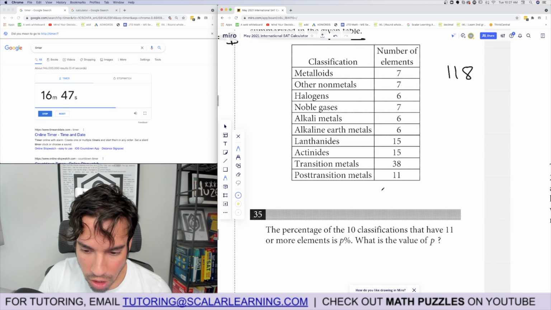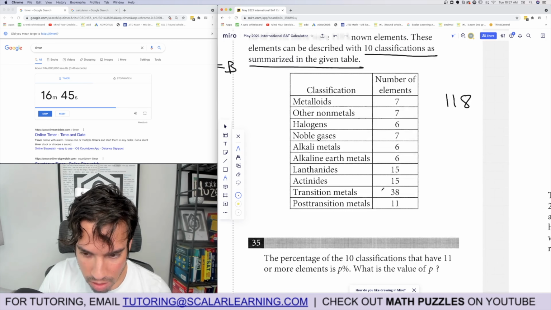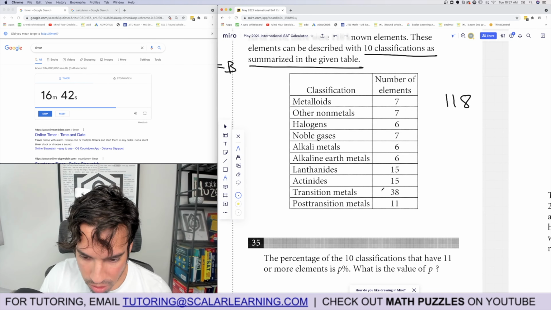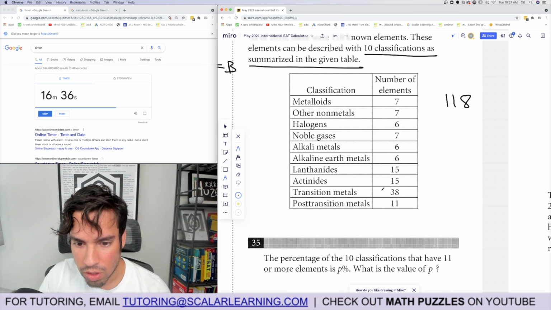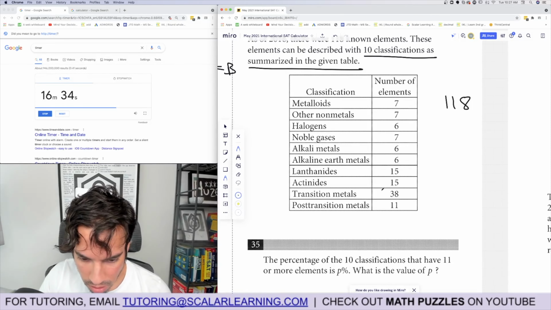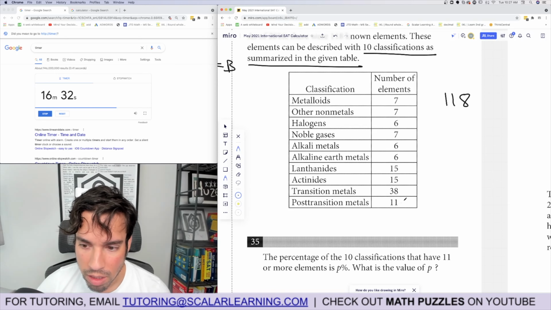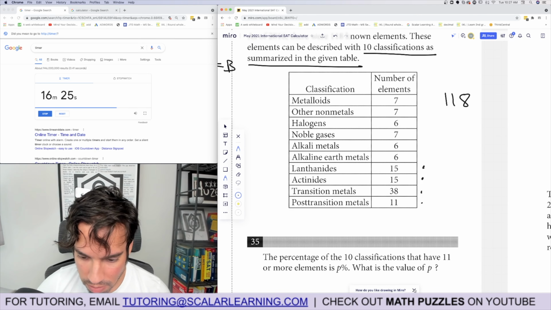The percentage of the 10 classifications that have 11 or more elements is P%. Are there 10 classifications? Yeah, there are 10. So 11 or more, that's this, this, this, and this. What is the value of P?